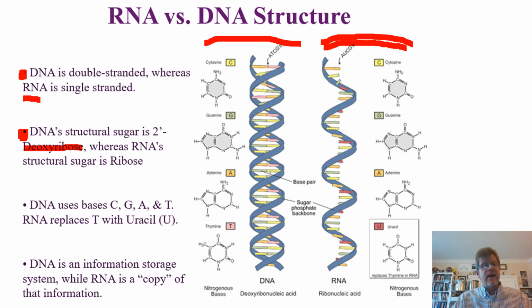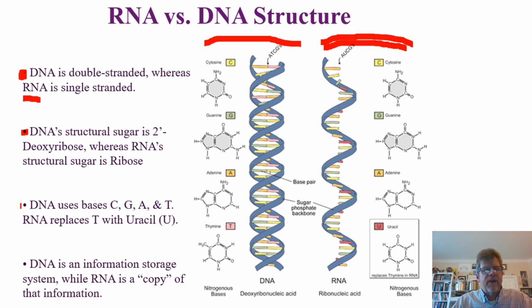Indeed, the D in deoxyribose is the D in DNA, whereas RNA, which starts with an R, has a structural sugar ribose, whose name starts with an R. They're very similar sugars, but they have that slight structural difference. Even so, DNA has exclusively deoxyribose as its structural sugar, and RNA has ribose as its structural sugar.